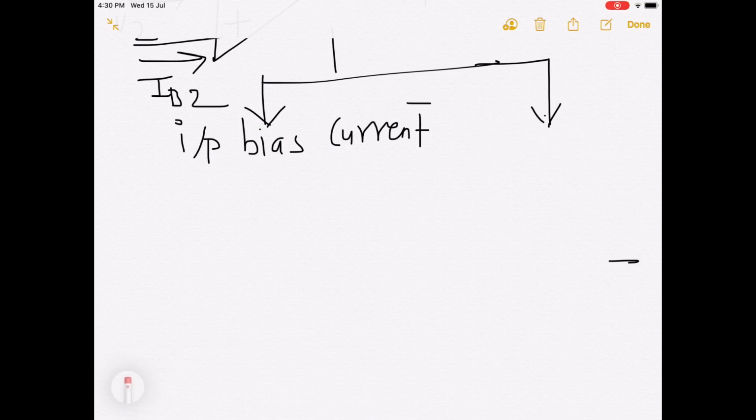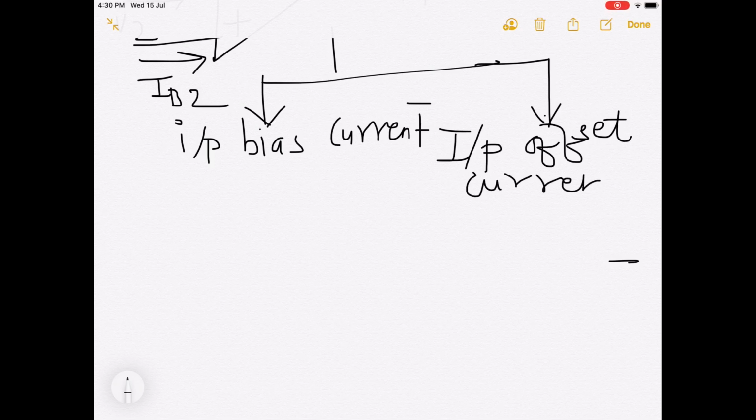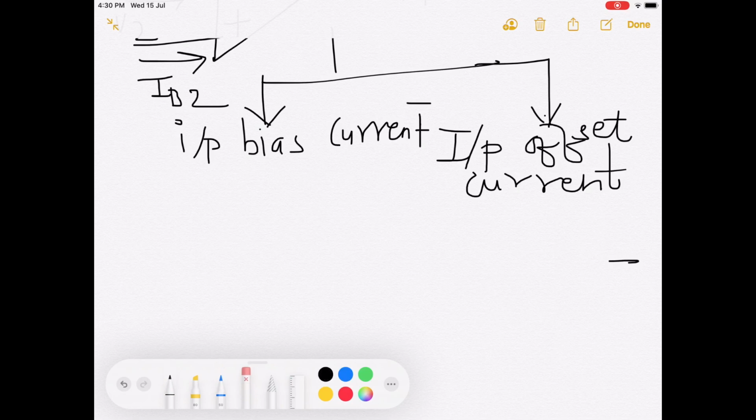Input bias current is the average of input currents flowing into the inverting and non-inverting terminals of op-amp with the output at 0 volts.